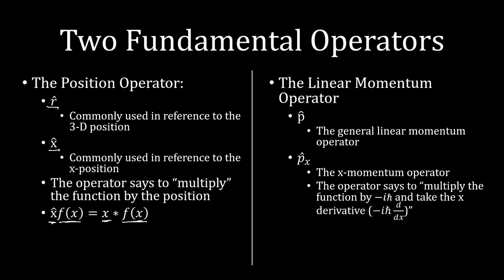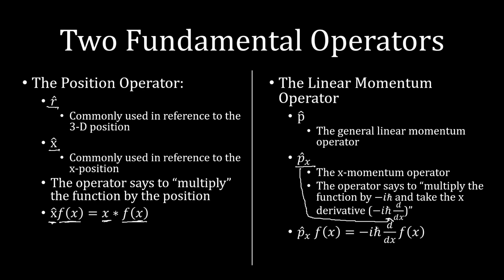In one Cartesian dimension, so the momentum in the x direction, we'll denote it with a subscript x. So it's px hat, we would say. And again, this is the x momentum operator, and the instruction it gives is to multiply the function by negative i h bar and take the x derivative. So this operator here gives us this instruction.